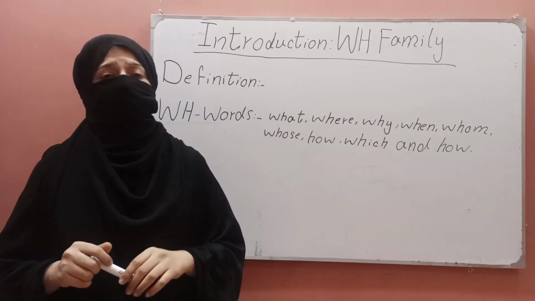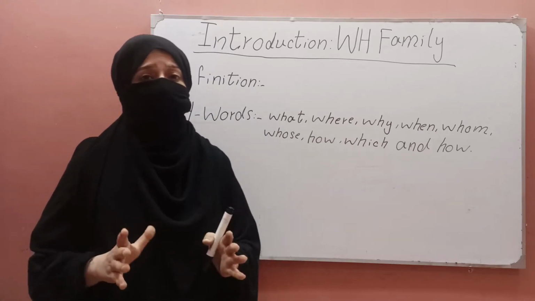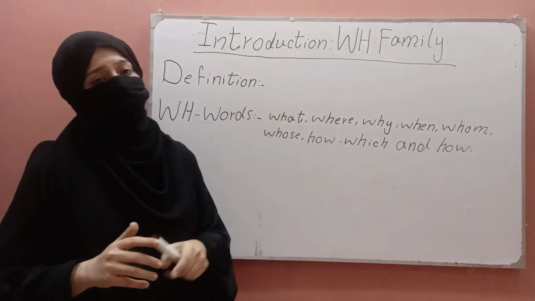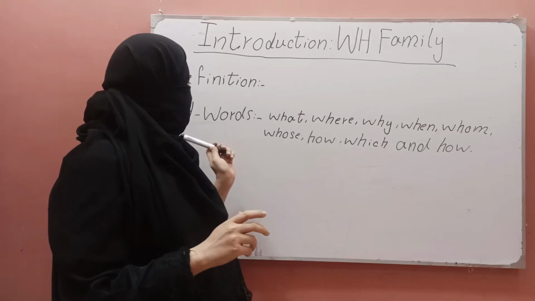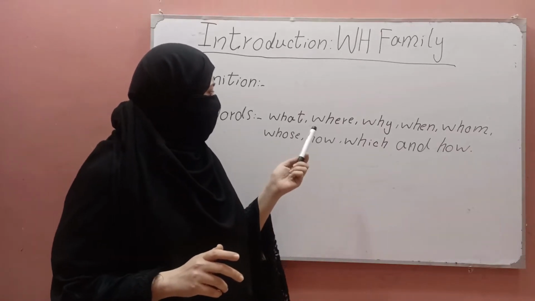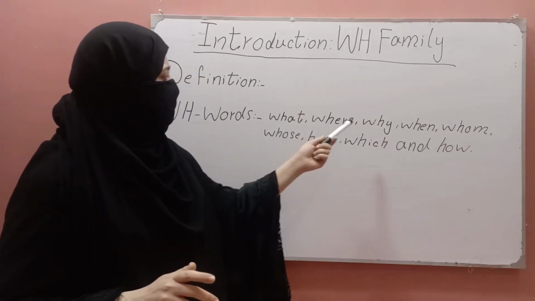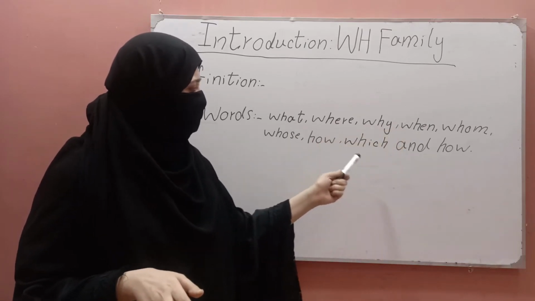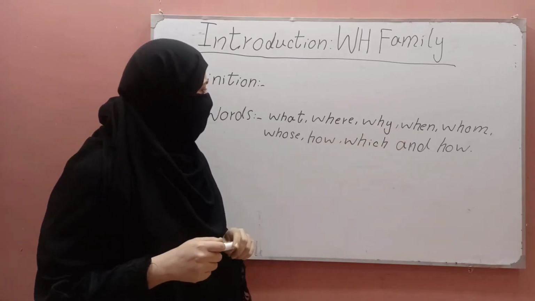But when we want a proper response in words, not in yes or no, then we use WH family words. These words are given below: what, where, why, when, who, whom, whose, which and how. These are a total of 9.